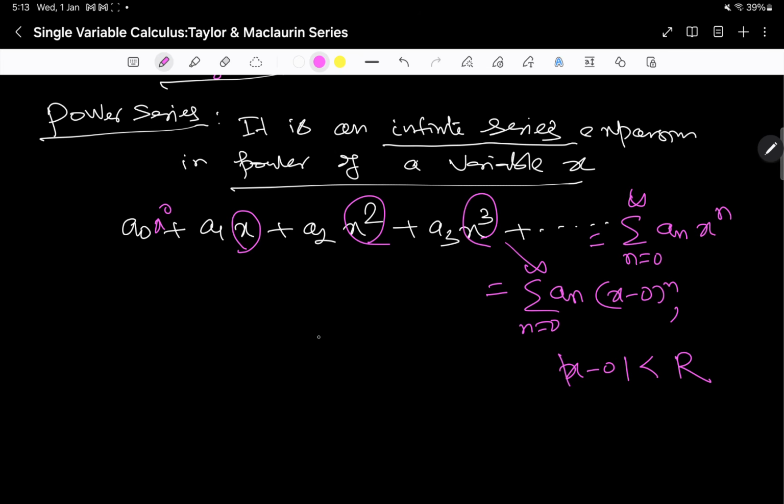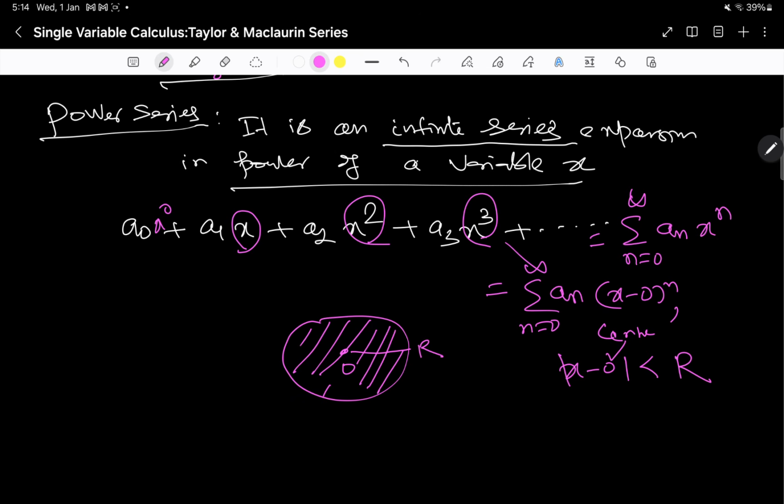That means this series is valid in a circle of convergence with the center at the origin and the radius r. This convergence is ensured within this circle of convergence.